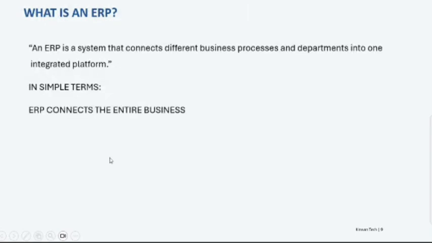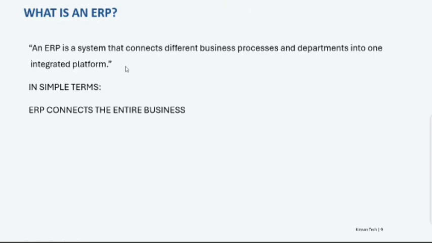We can continue and close this at this point. You need to understand and differentiate an ERP system and an accounting software. So an ERP system connects different business processes and departments into one integrated platform, into one harmonized platform, not disintegrated platforms.